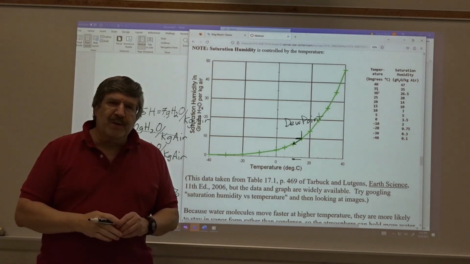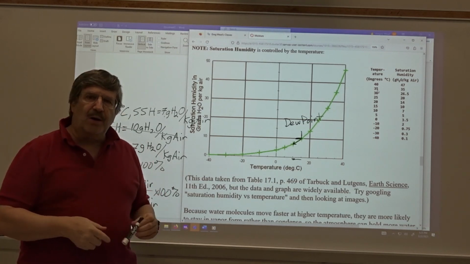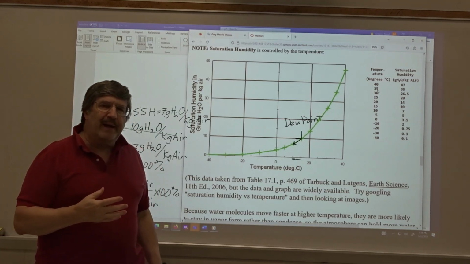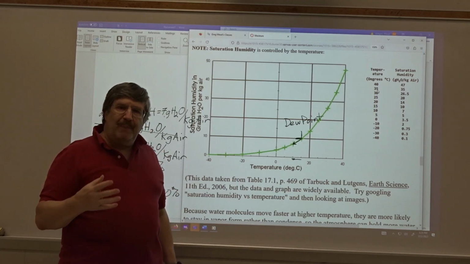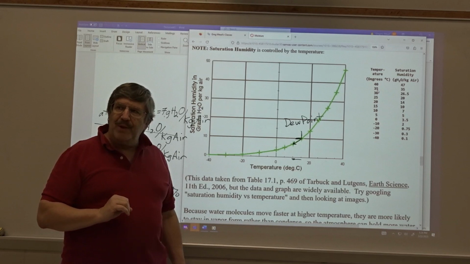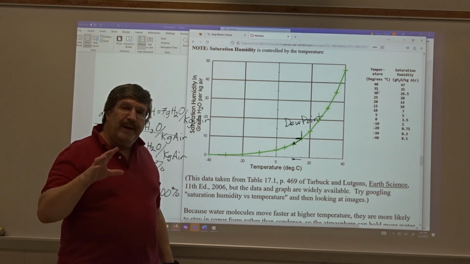And you'll notice that the time of day that you usually get fog occurring is in the late evening. The reason for that is as the temperature decreases, eventually the temperature reaches the dew point, and at that point you begin to get condensation.